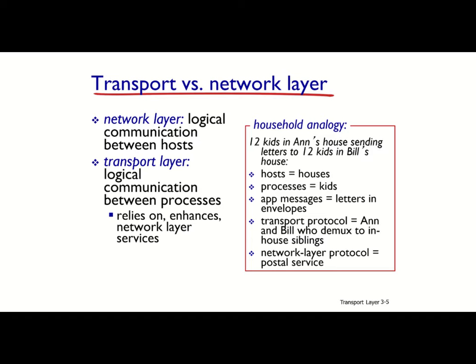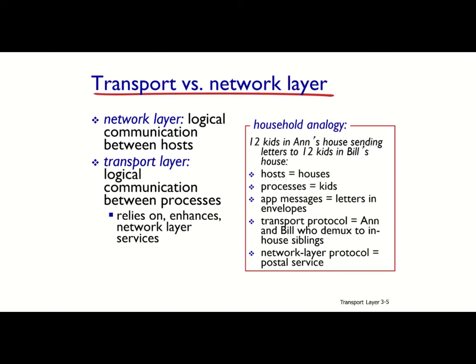So you can think of Anne's house and Bill's house as two hosts connected to the internet, and the 12 kids in Anne's house can be considered as the 12 processes running in Anne's host, and the 12 kids in Bill's house can be considered as another 12 processes in Bill's host.